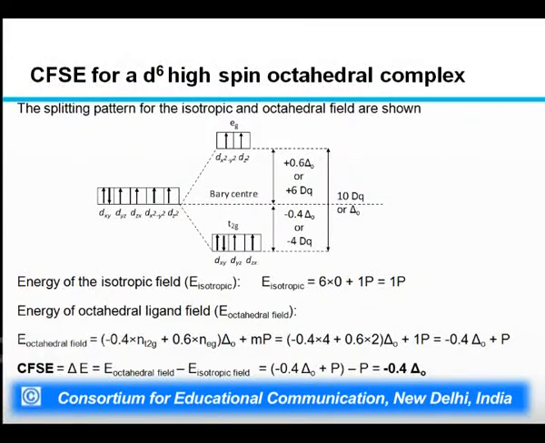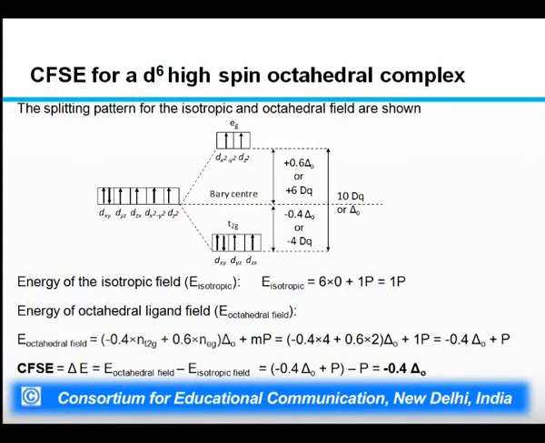So, now let us try to calculate CFSE for some D6 cases. The first case is that of a D6 high spin octahedral complex. The diagram on the left hand side is the spherical field and the splitting is shown for an octahedral field.